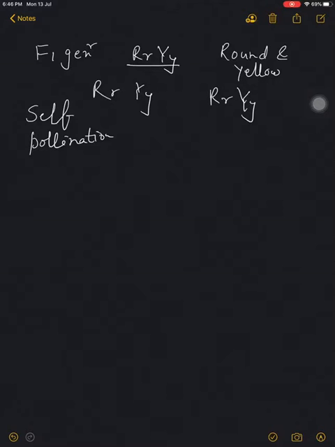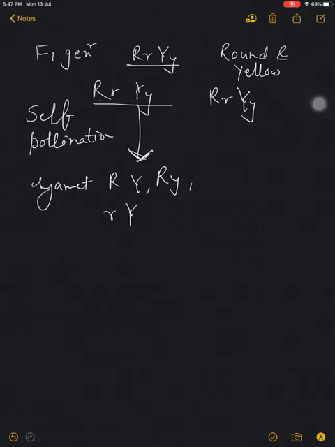So in that condition, what type of gametes are produced by this? What is the possibility of the formation of gametes? Capital R capital Y, capital R small y, small r capital Y, and small r small y.